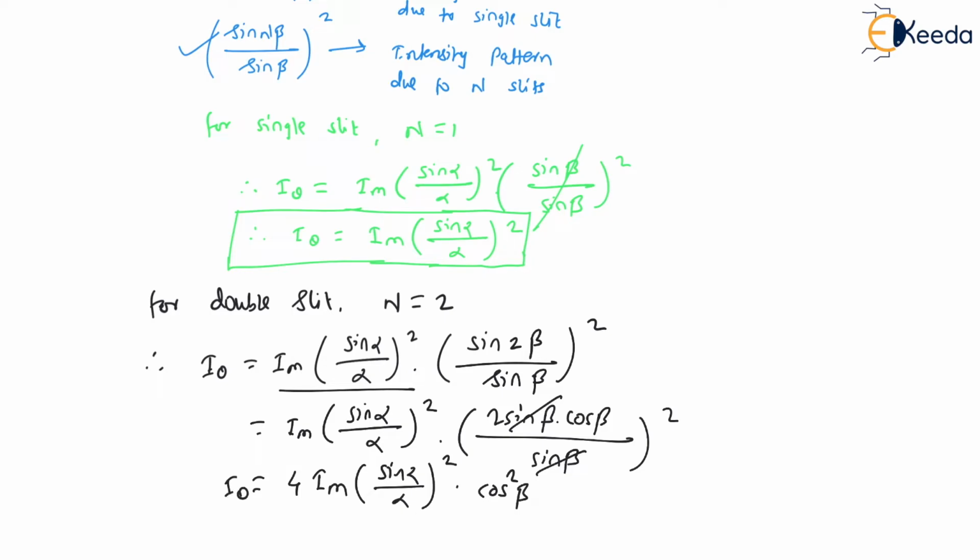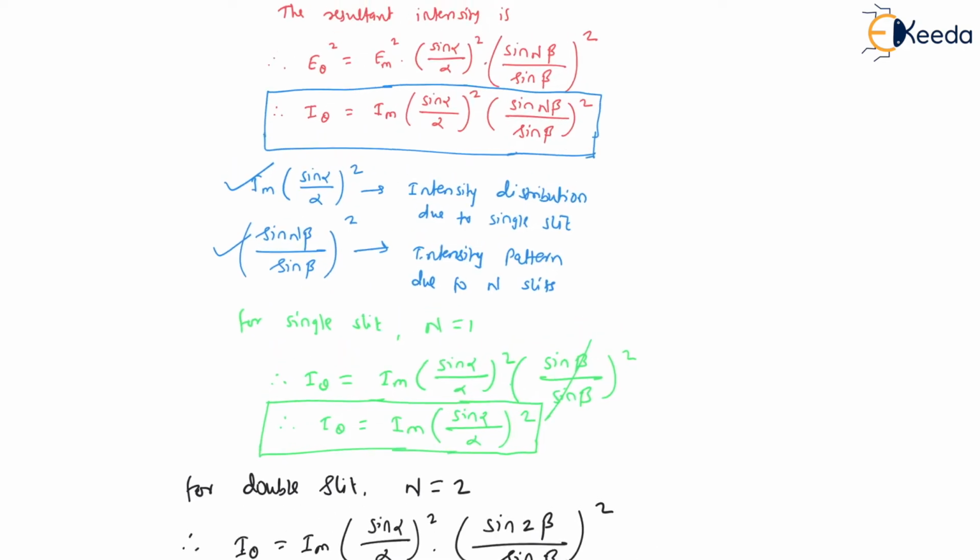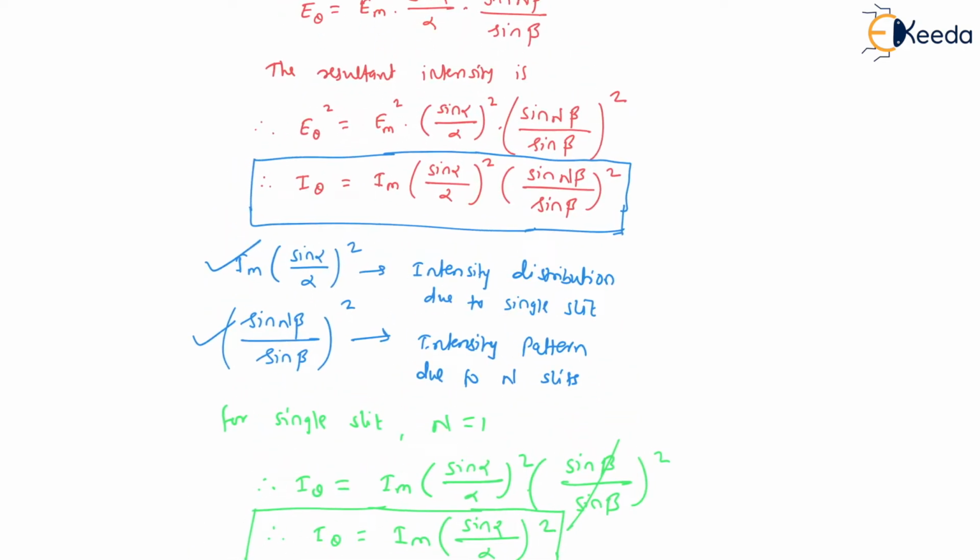If you remember, this is the equation for intensity distribution, or the resultant intensity, when we consider a double slit. That means this equation you can apply to any number of slits. This is the general equation, and that's why it is important. If we have 3 slits, we simply substitute n as 3. Whatever the number of slits may be, we can easily find the resultant intensity as well as the resultant amplitude for that particular diffraction pattern.